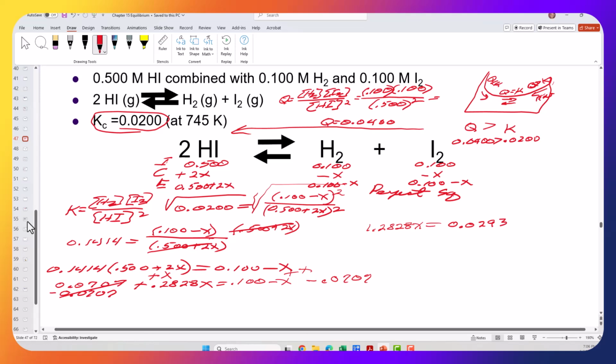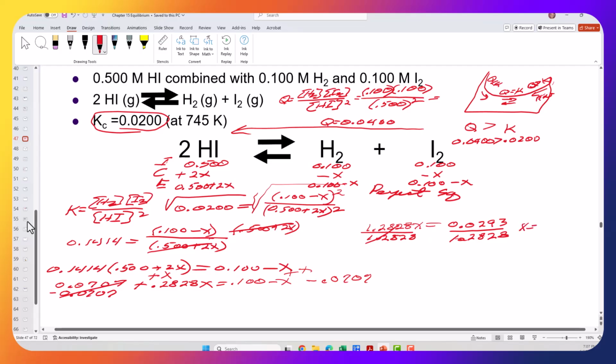So I now have 0.0293. I'm going to go ahead, solve for x by dividing both sides by 1.2828, and that goes away there, and 1.2828, and that'll give me a value for x.